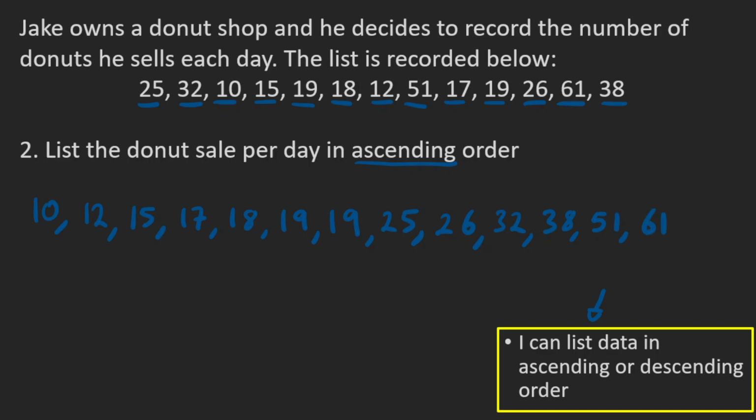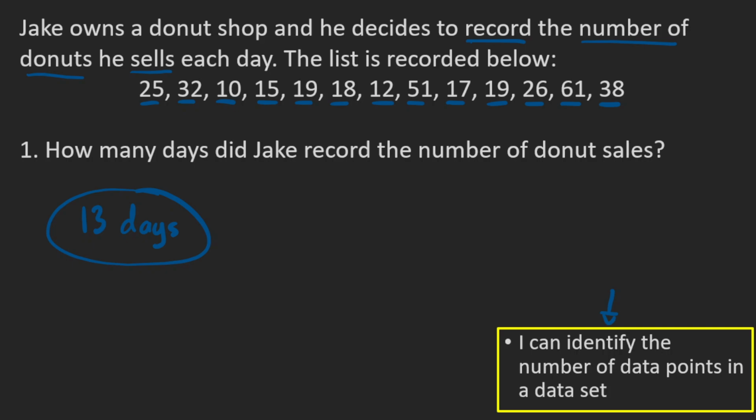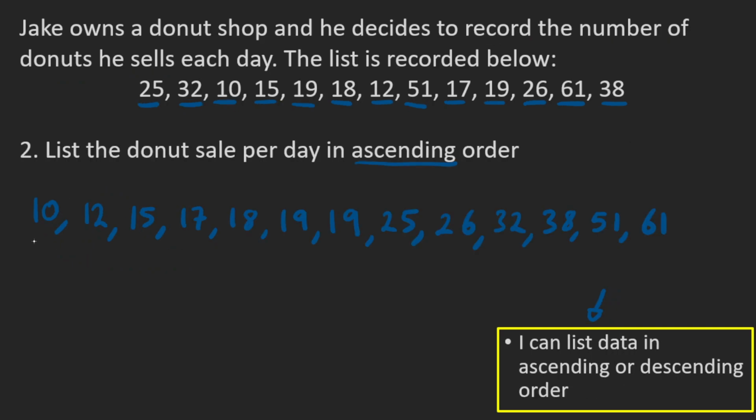And if we just want to check, we can actually count that we've kept the same number of points. So in our previous question, we saw that there are 13 data points. So let's make sure we've got 13 in our answer here. We've got 1, 2, 3, 4, 5, 6, 7, 8, 9, 10, 11, 12, 13. That's good. This is our final answer.